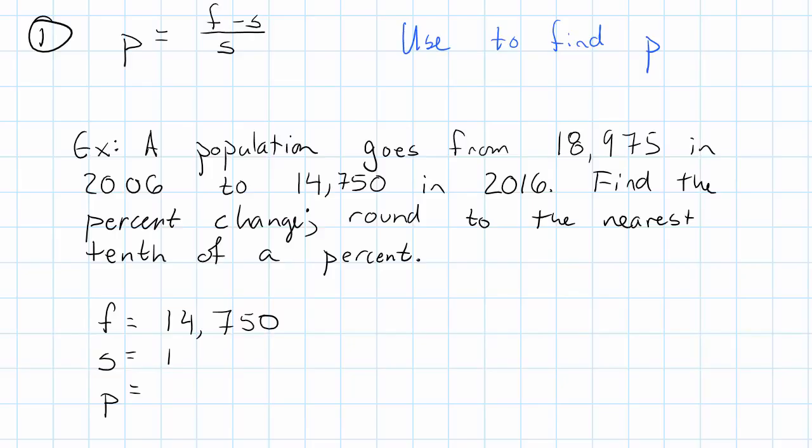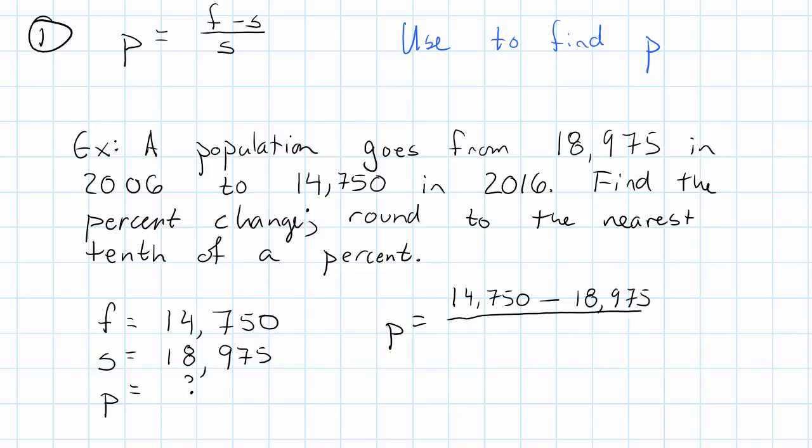The starting population is 18,975. And the percent change is what we want to find out. Using formula number 1, the percent change is the final value, 14,750, minus the starting value, 18,975, all over 18,975.